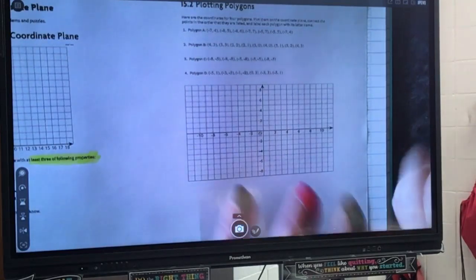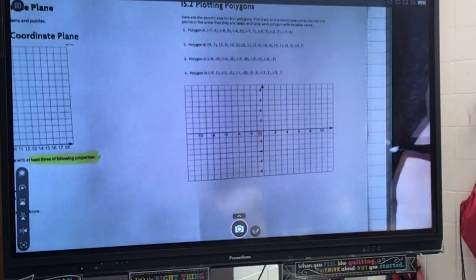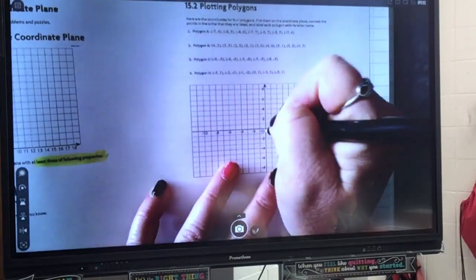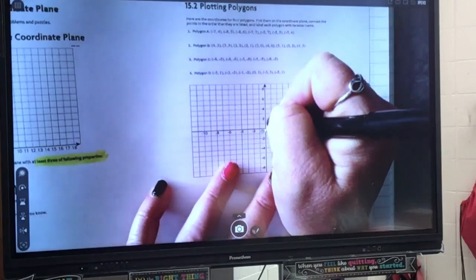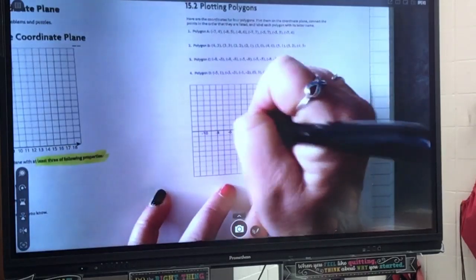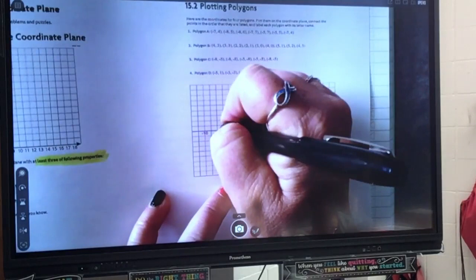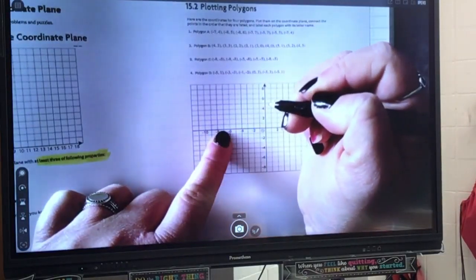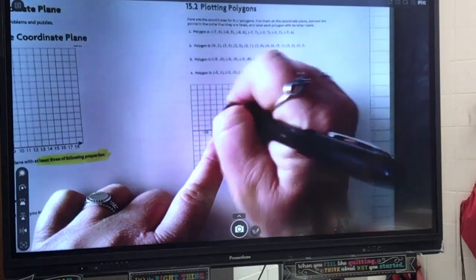Alright, so someone raise your hand and tell me how to get to negative 7, 4. Alright, Delilah? 7 left. Okay, so 1, 2, 3. Alright. And then you go up 4. Okay.